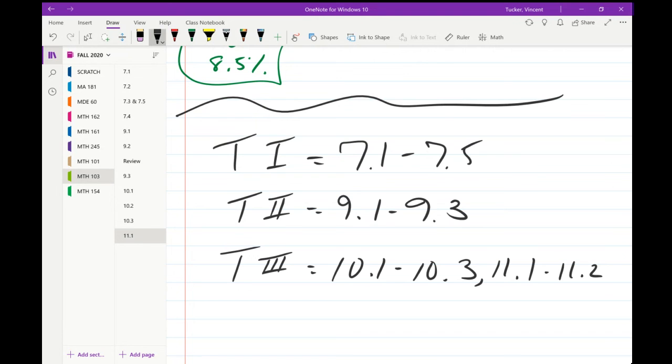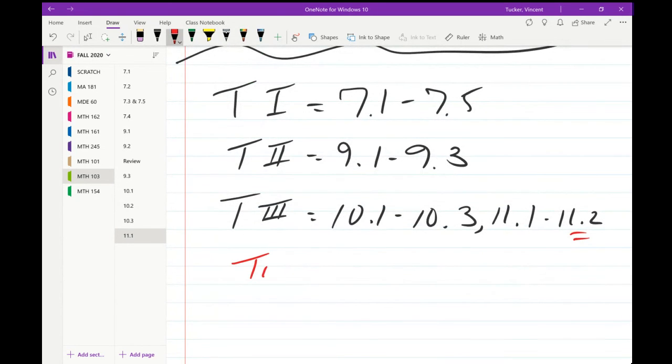So instead of going into something new right now, which would just be 11.2, I'm going to pause right here, because once we close out 11.2, then we'll be looking at another test. So next class, Tuesday, we'll do 11.2.